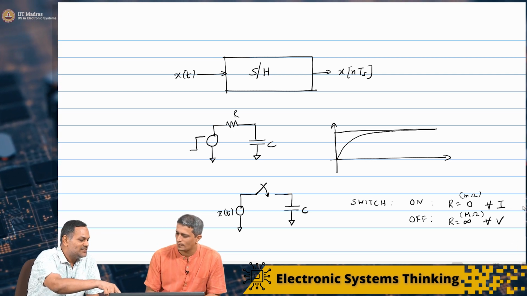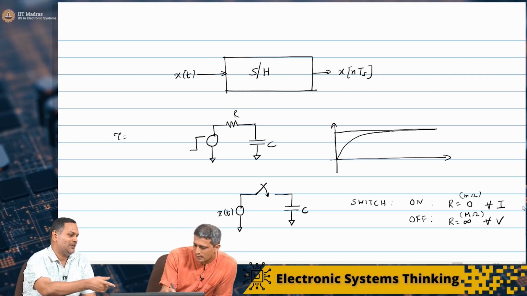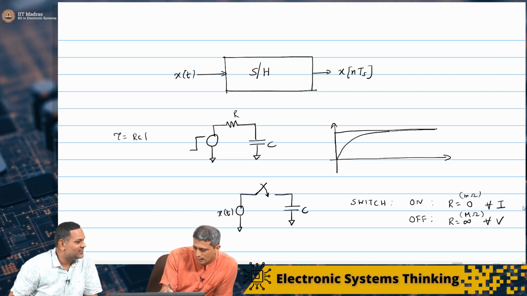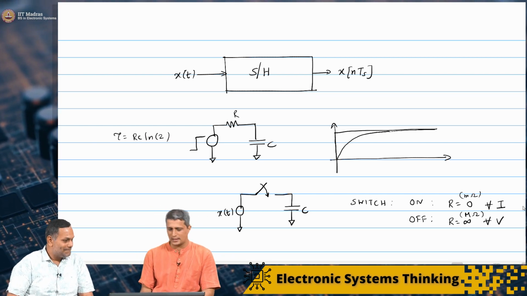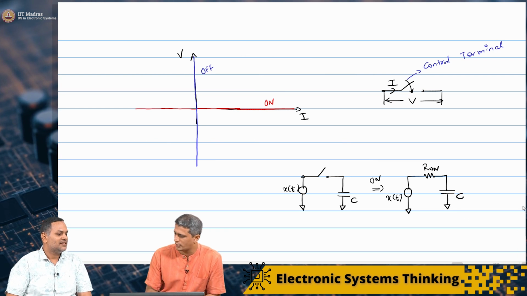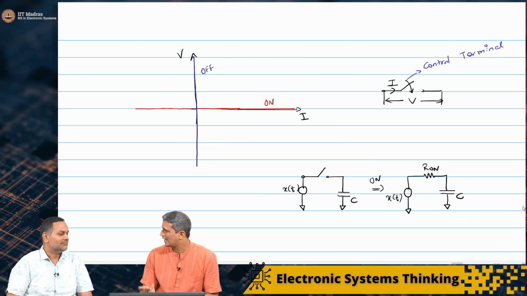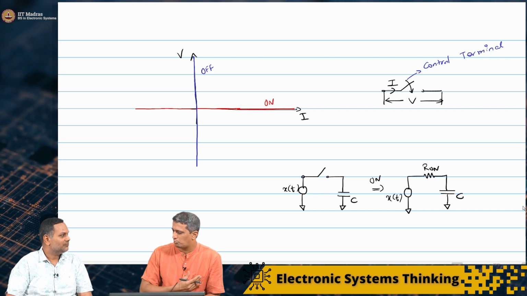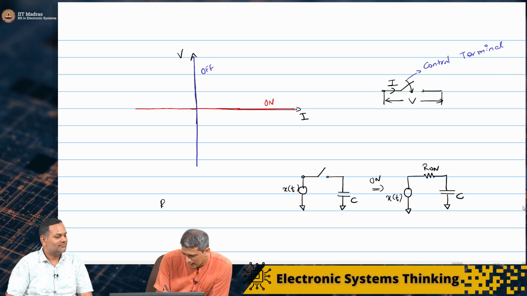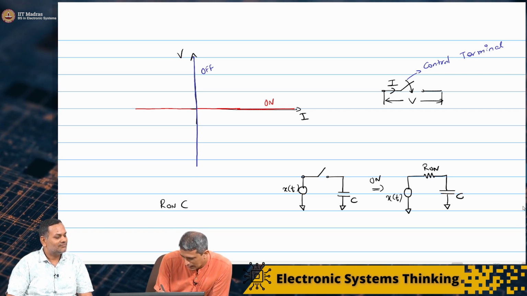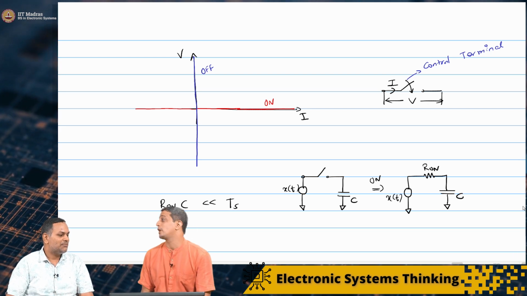When you throw on the switch, I need to charge to a new voltage. It will settle exponentially. RC was the time constant of that circuit, and therefore R on into C must be much less than the sampling period.